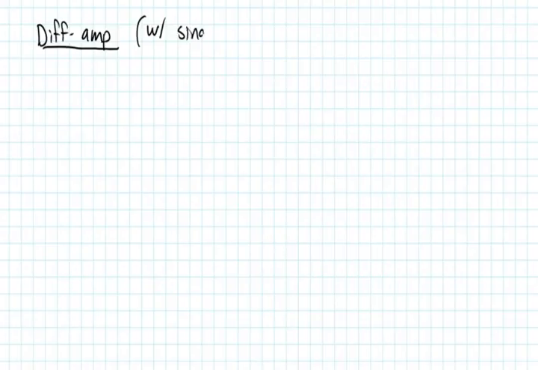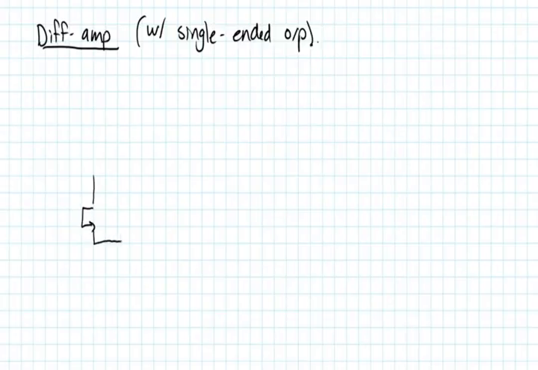So what I'd like to do now is take a look at a differential amplifier, but this time with a single ended output. In this amplifier, we're again going to start out with our usual differential pair forming the base of our circuit.